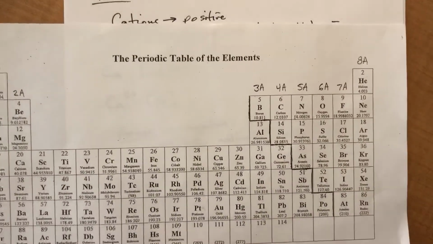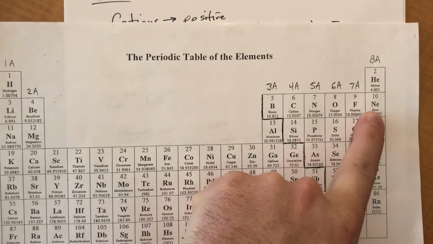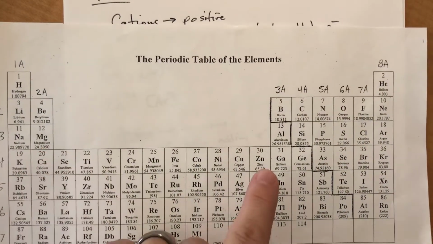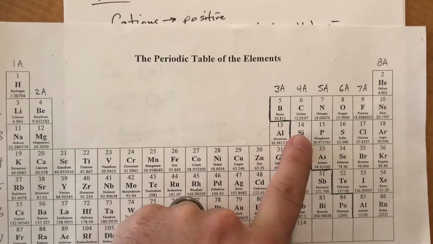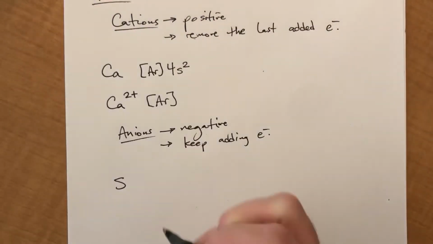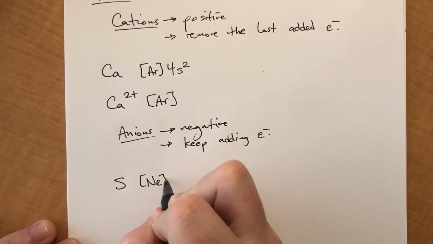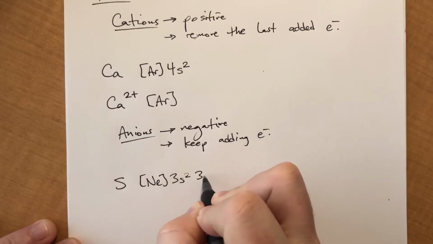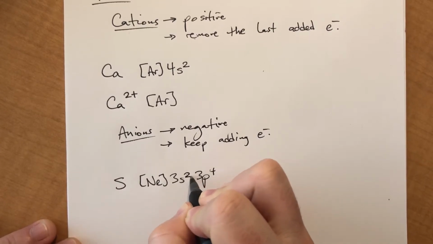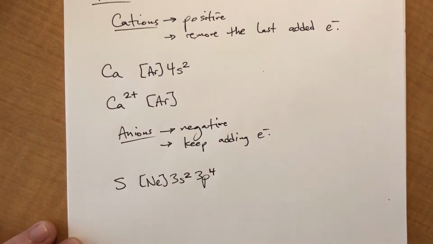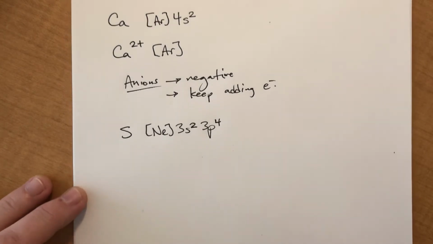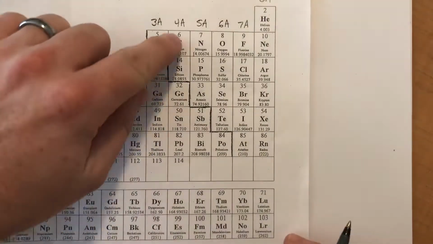If we look at the electron configurations, sulfur is neon, 3s2, 3p4. Great. Sulfur is in column 6A.